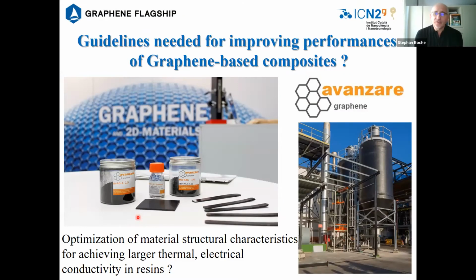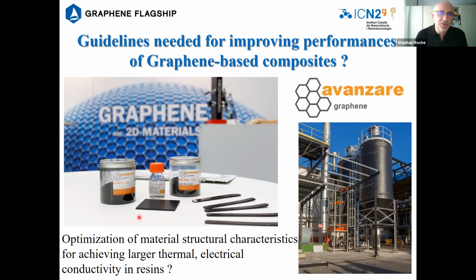But these materials are very important for companies, because even if today we have a lot of them already embedded in commercial products, the way to further optimize their properties is very complicated. Many companies need guidance to further improve the performance of their products.